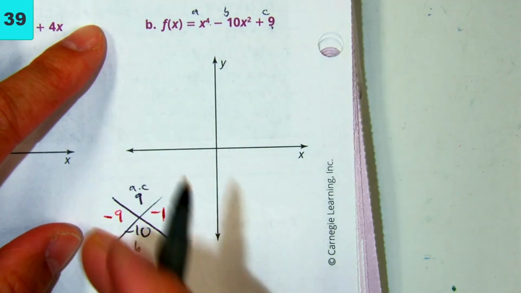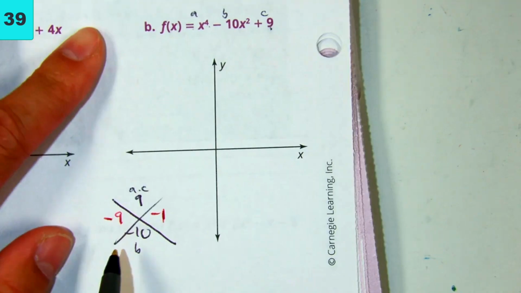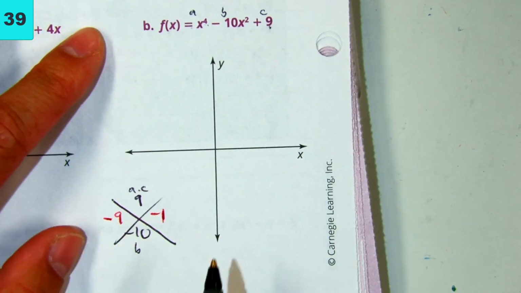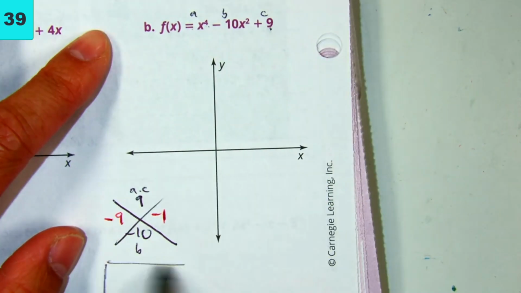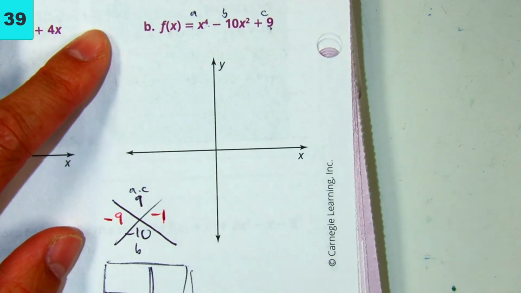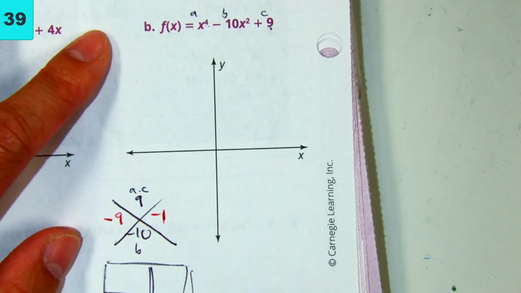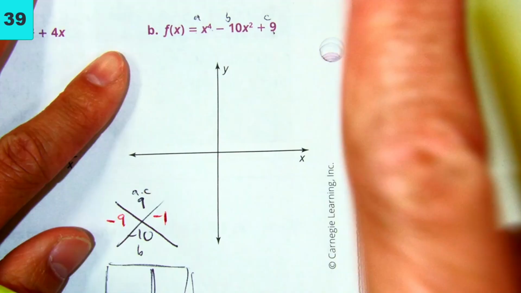Now, because your a value is equal to 1, you don't need this next step. I want you to hopefully clearly see why it comes out to be the answer that we're going to show you in a second. And this will actually help with today's lesson. So we're always going to put the first term in the top left.